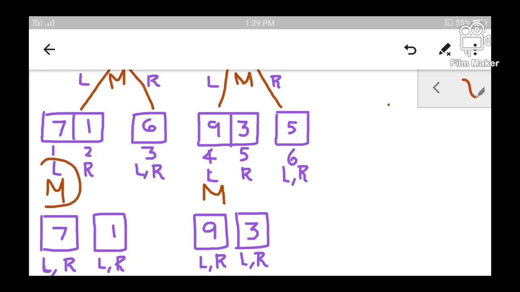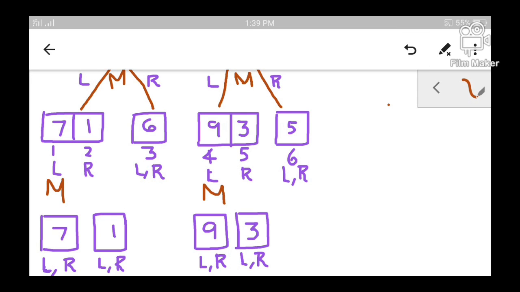Since both L and M point to the same location, only this element will be moved to the left array and the remaining element will be moved to the right array.